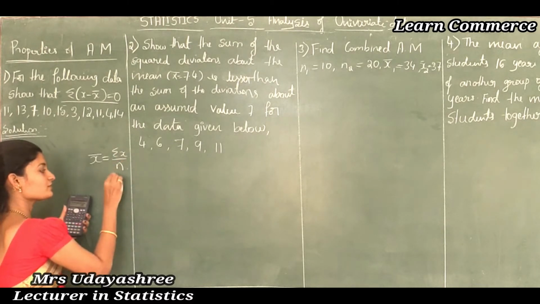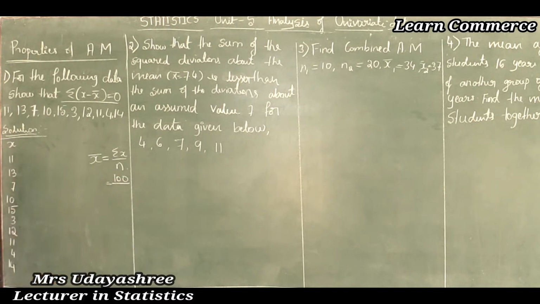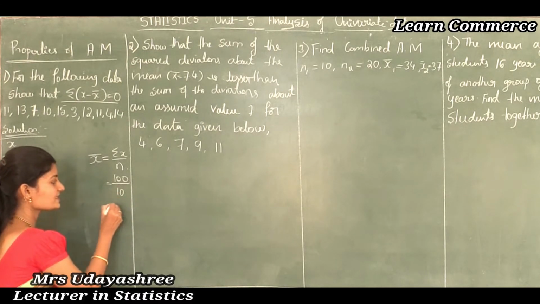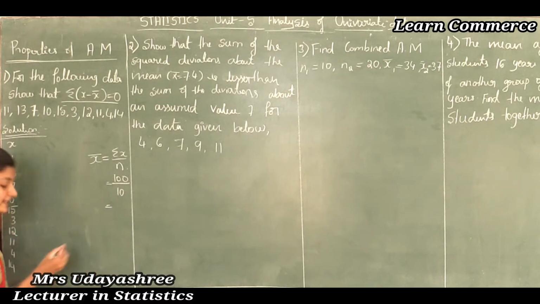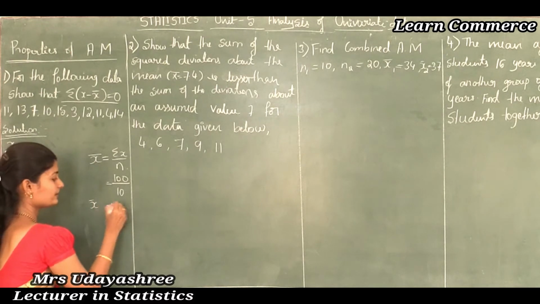In the place of summation x I will substitute 100, divided by small letter n, which is the number of observations. The number of observations are 1, 2, 3, 4, 5, 6, 7, 8, 9, 10, so n is 10. So this is equal to 100 divided by 10, that is 10. So x bar is 10.